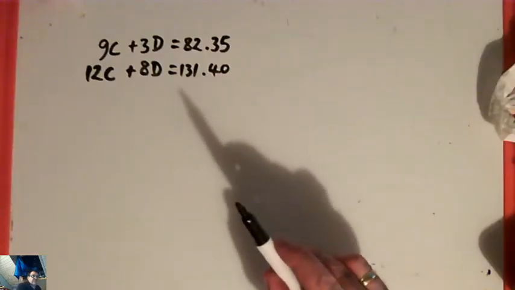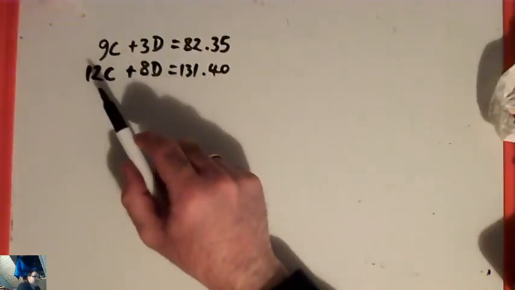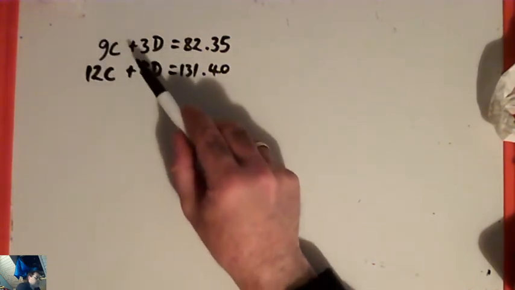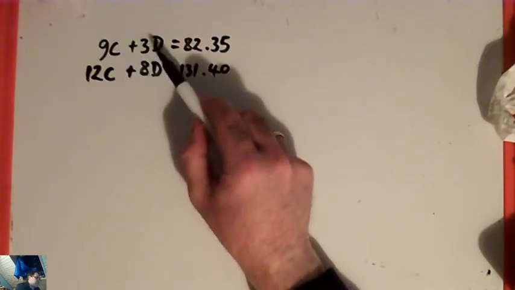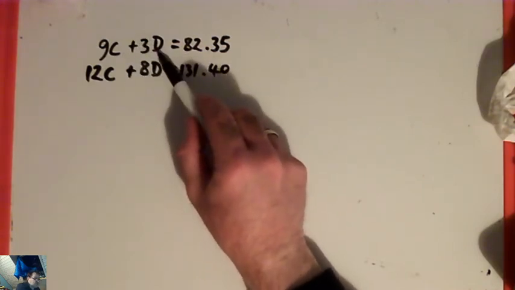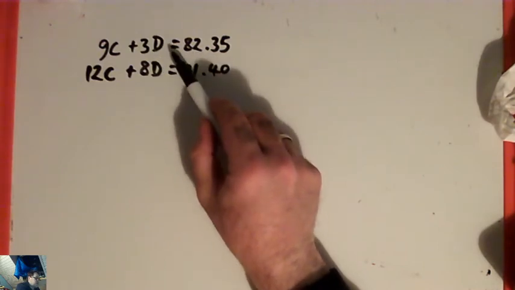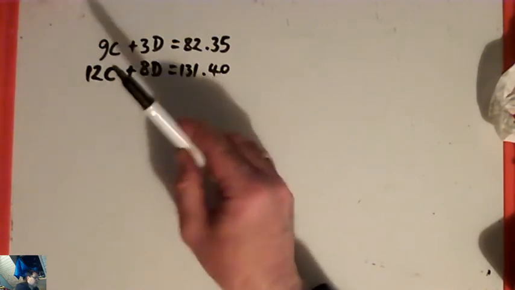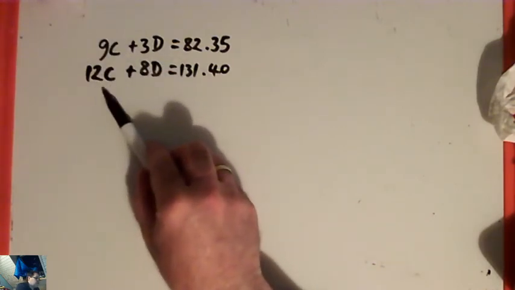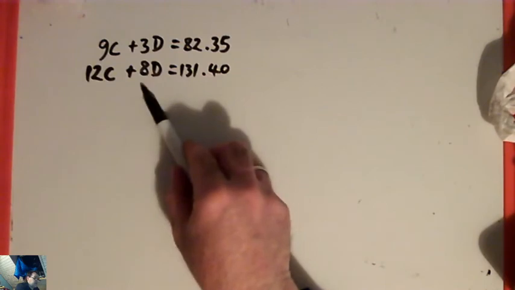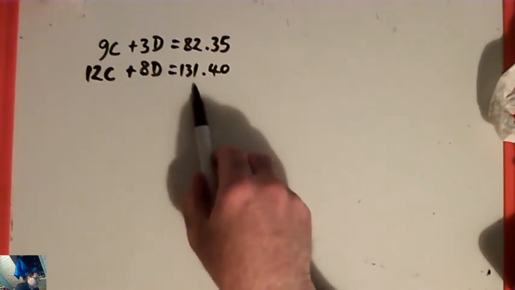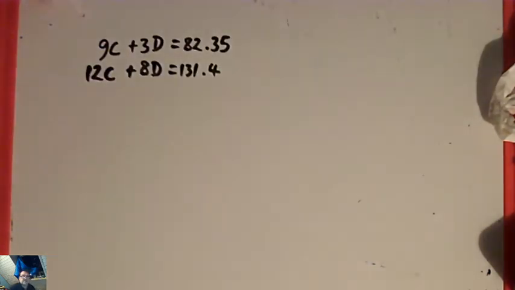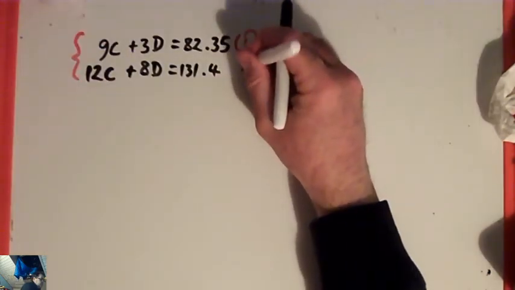So it says in the question, the cost of 9 CDs, so if C is the cost of a CD, 9 times C, and 3 DVDs, so 3D, if D is the cost of 1 DVD, is $82.35. Then it says the cost of 12 CDs and 8 DVDs is $131.40. I don't really need that extra zero there. I've just put it there because it's money. So I'll call those 1 and 2.